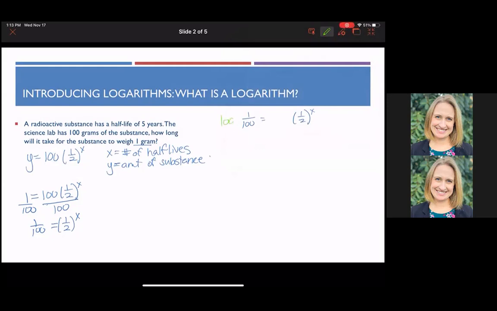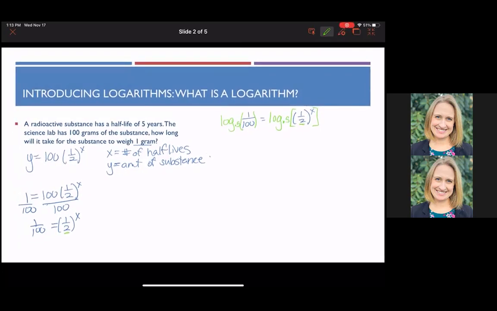So I'm going to take the log, and my base is the same base as the exponent. Maybe I'm going to write it as a decimal just for the way it looks. And I'm going to write that as log base 1/2 of this. And then I'll also write the 1 over 100, 1/100th, as a decimal.